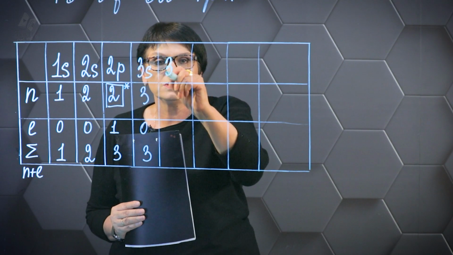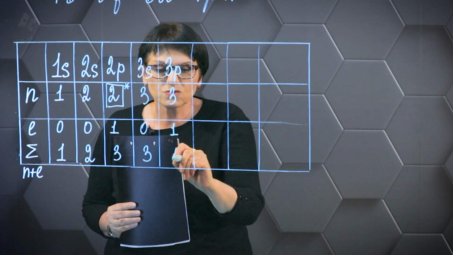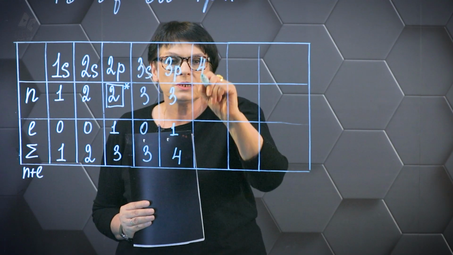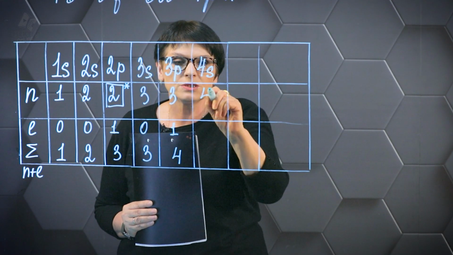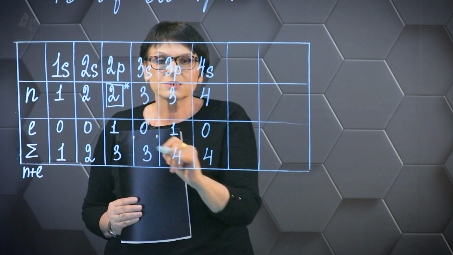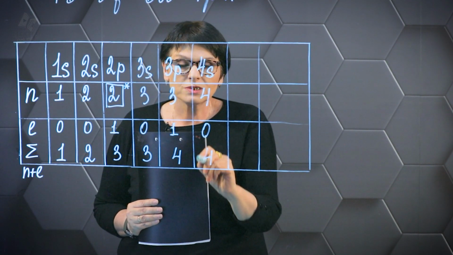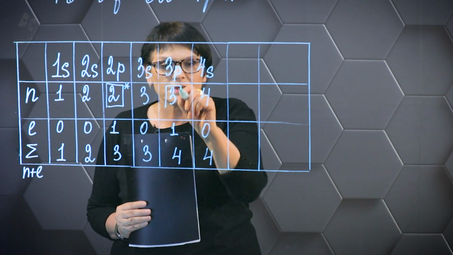The next one, 3p, that would be 3, there's 1 here, the sum is 4. 4s, 4, orbital 0, sum of 4. Again the same pattern. Notice the sum is the same value 4, but here it's a smaller value.